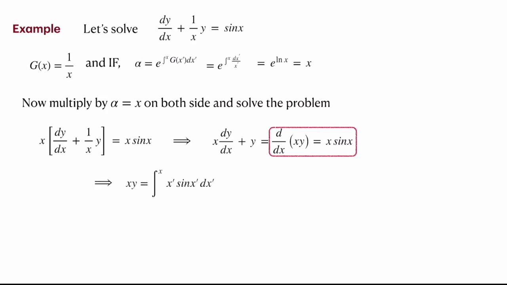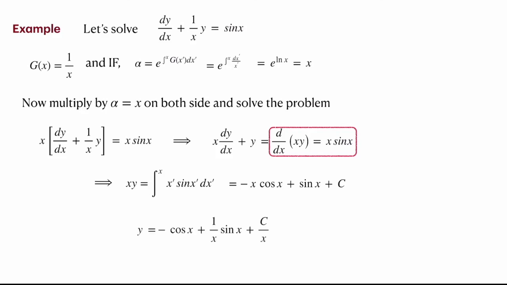We have x times y is equal to the integral of x prime sin x prime dx prime. You can integrate this function. This is a rather trivial elementary calculus exercise in integration, and it turns out to be minus x cos x plus sin x plus c, where c is a constant.